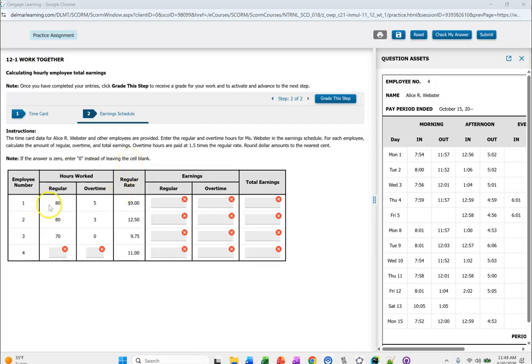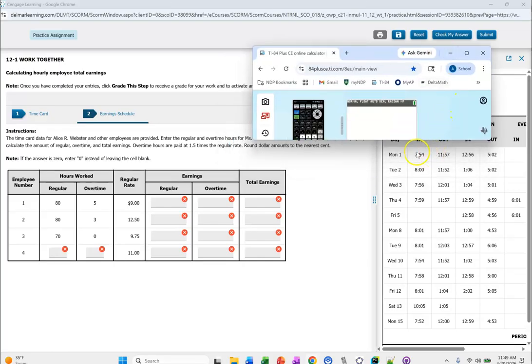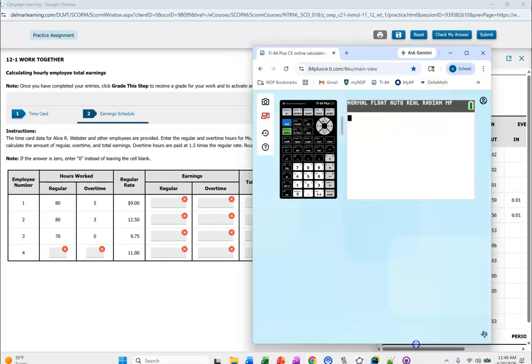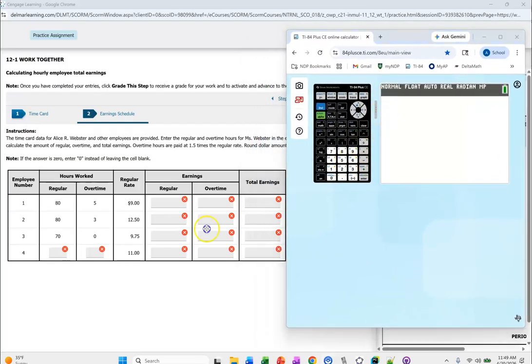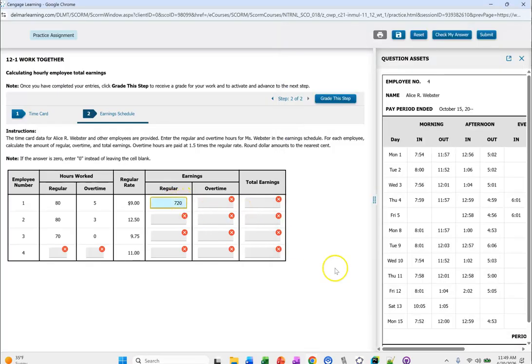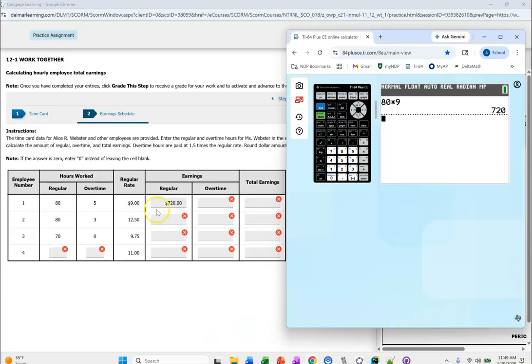Okay. So we had for Alice here, let's grab our calculator. It says we worked 80 regular hours at a rate of $9 per hour. So $720. And then it says we worked 5 hours at overtime.